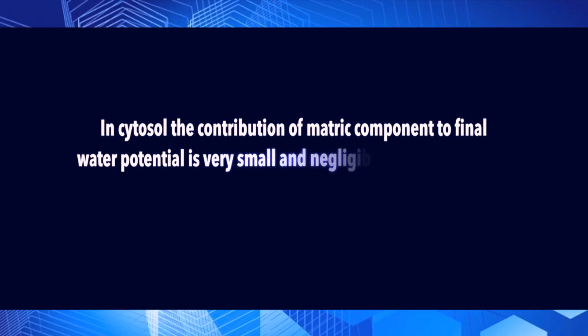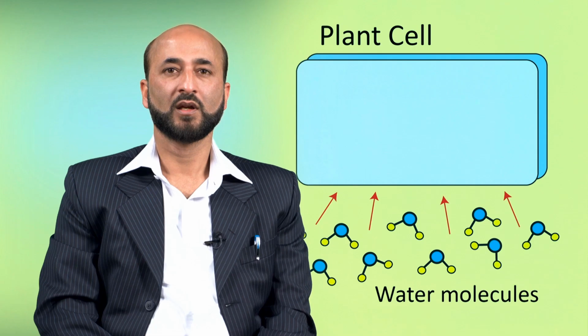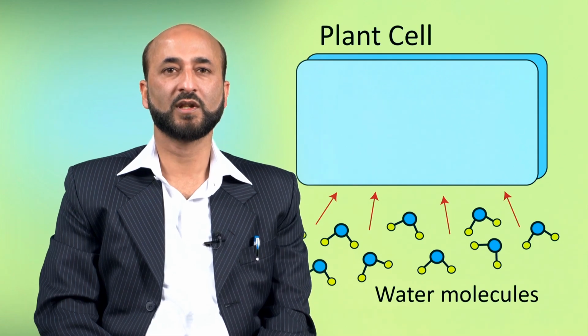However, in cytosol, the contribution of the matric component to final water potential is very small and negligible as compared with osmotic component of ions and molecules at equivalent weights. It is also difficult to distinguish the matric component from osmotic potential.